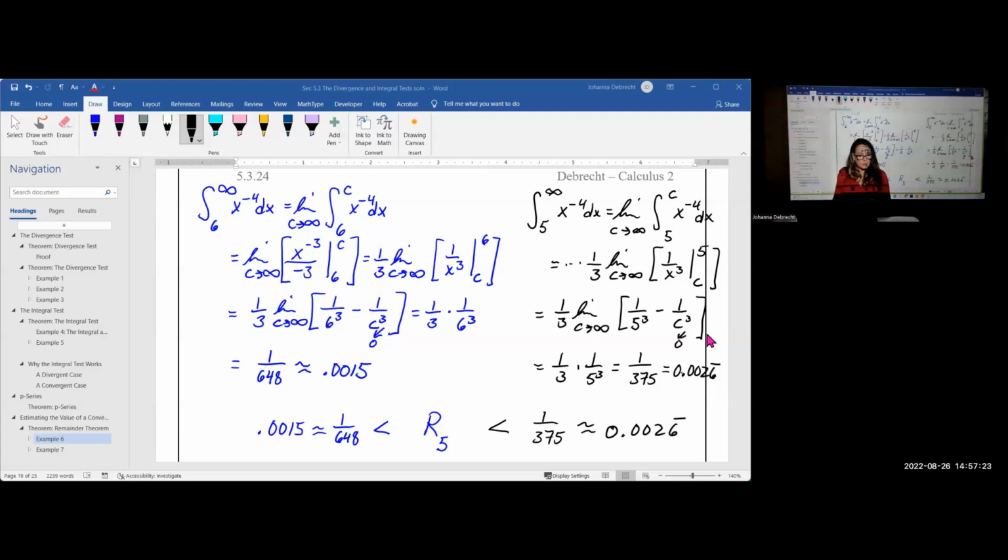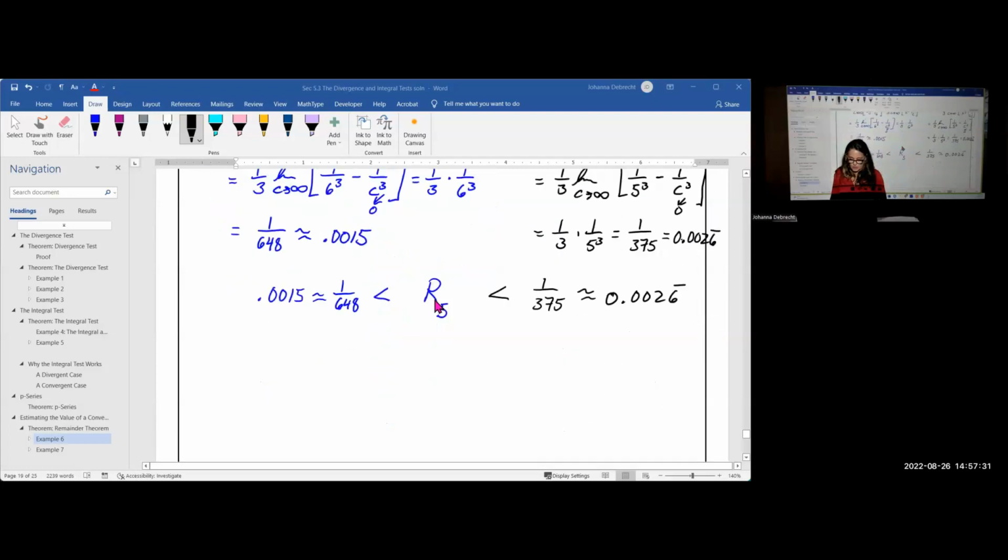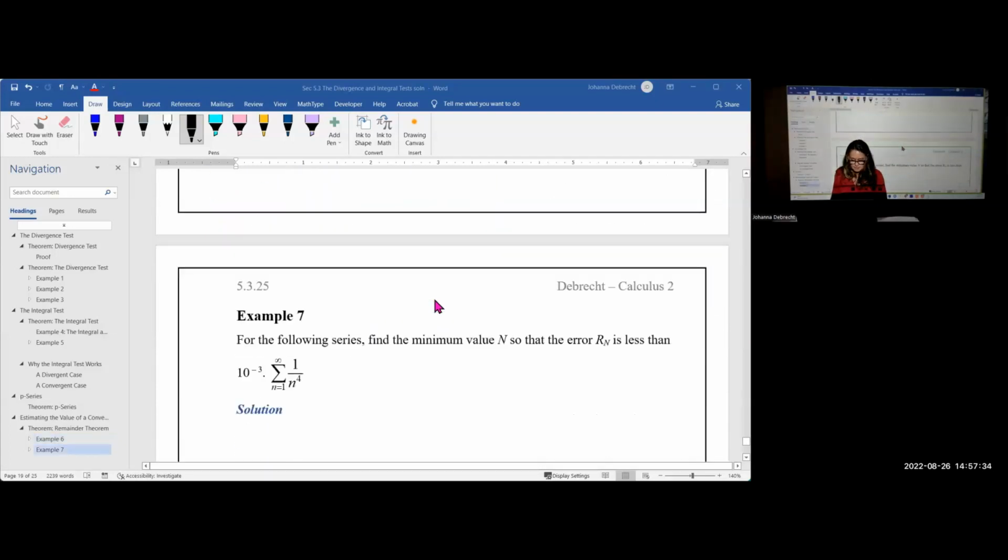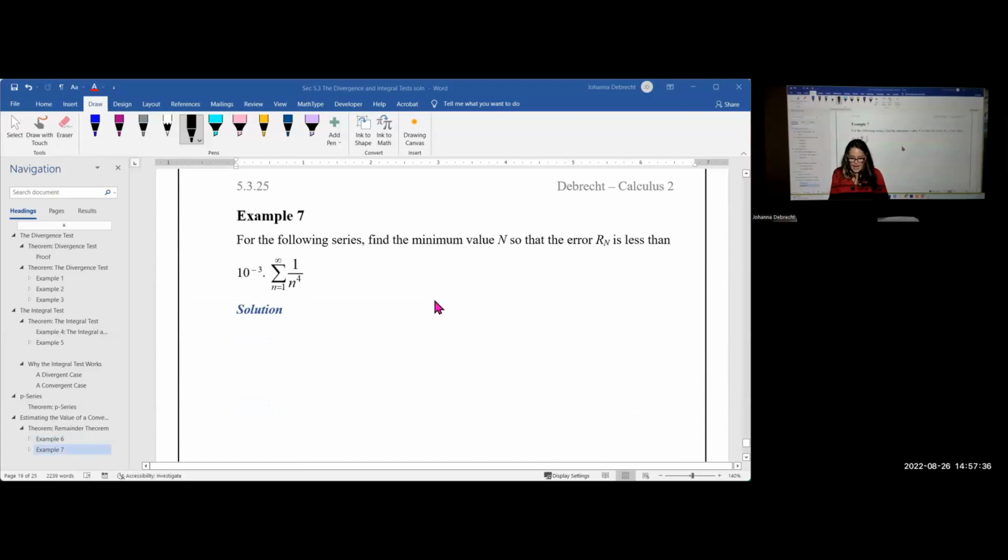Now let's see another way to find a particular sum to within a certain degree of accuracy, because this is more likely what we would be doing, which is I have an infinite series and I want to approximate the sum of it, but I want it to be accurate to within a certain amount.